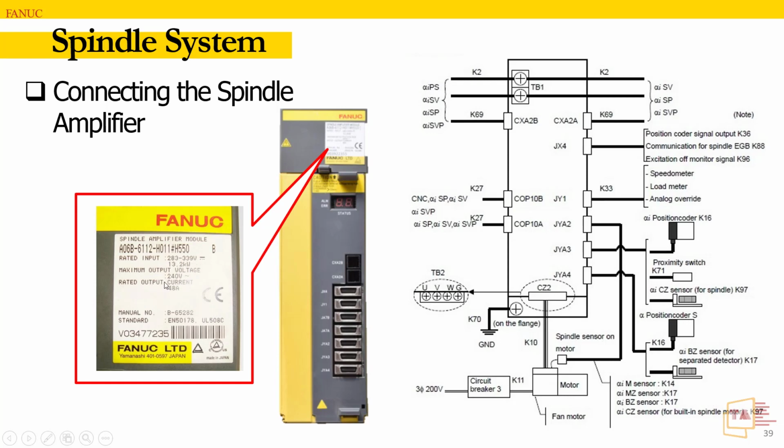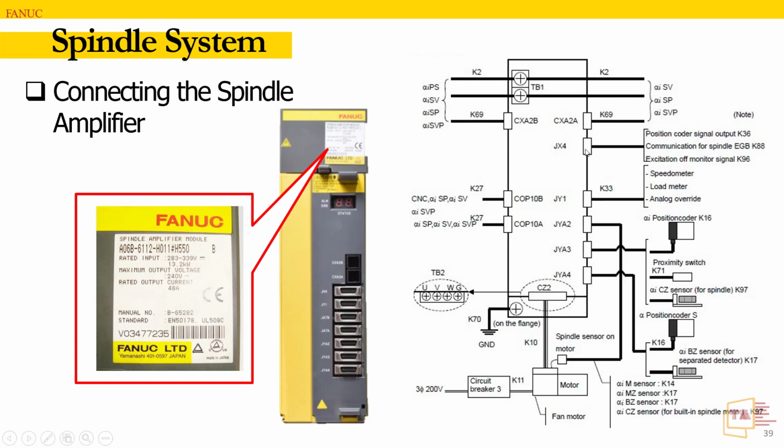Like that, we can get a lot of information from the sticker. And we have the manual number also. By using this manual number, you can search on the internet and get the corresponding manual for this Alpha series spindle amplifier module. Then you can read a lot of details about the drive.